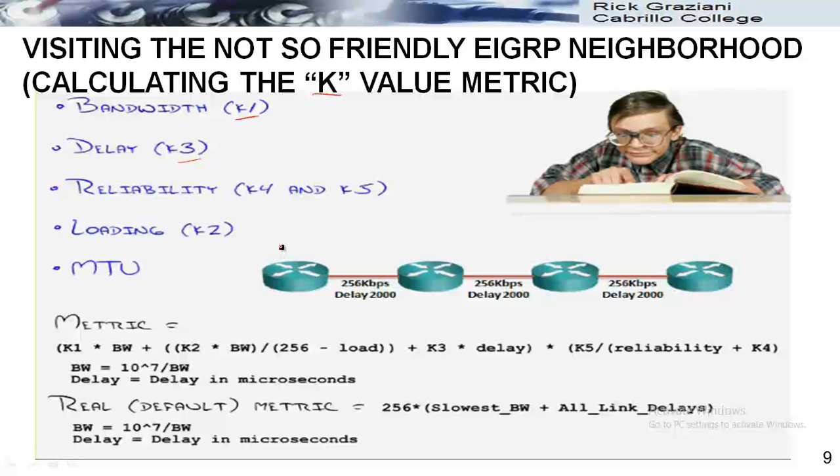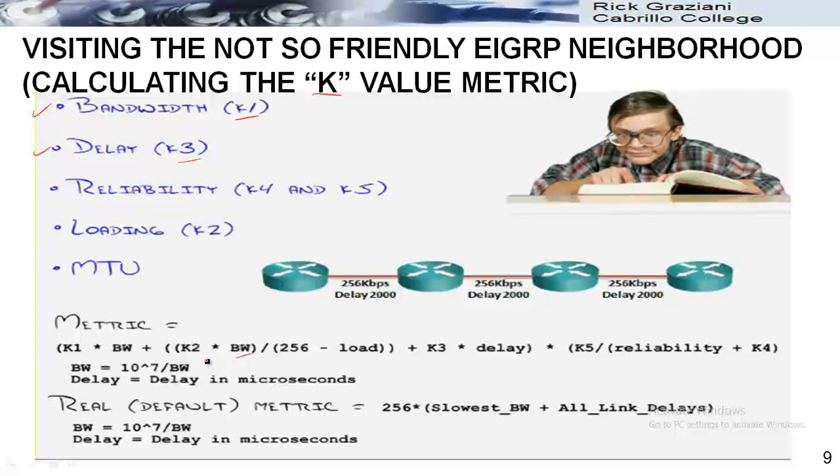The huge ones are bandwidth and delay, and the reason for that is you can see the metric: it's K1 times bandwidth plus K2 times load plus K3 times delay, K5 which is reliability, plus K4 and all that.